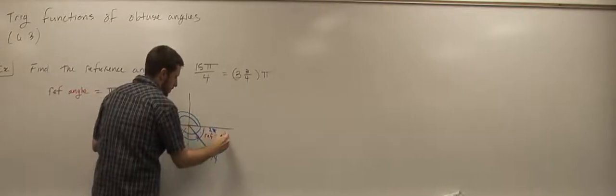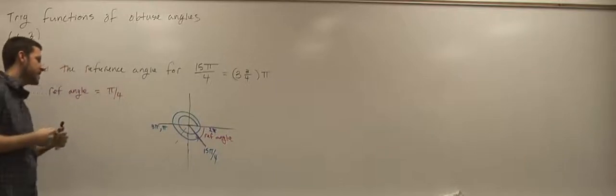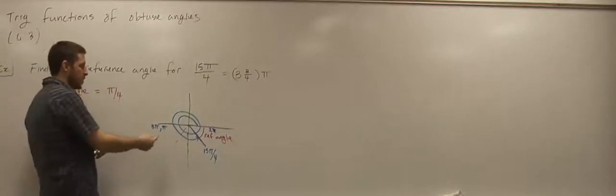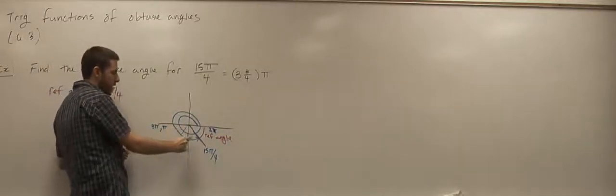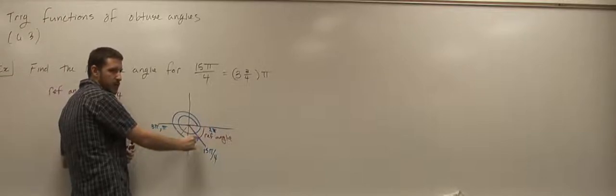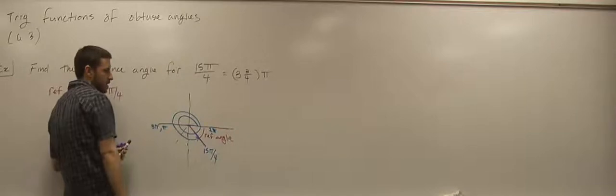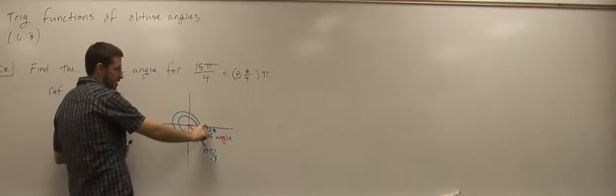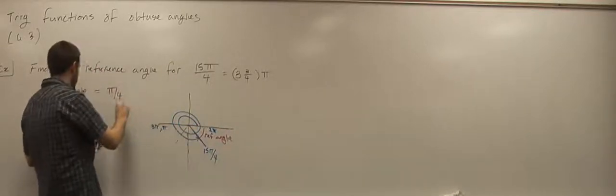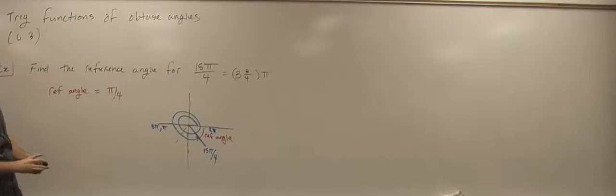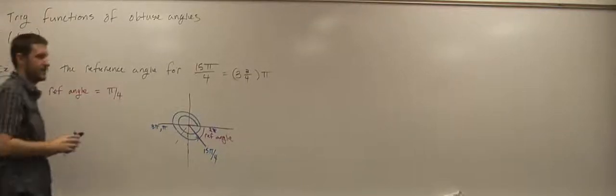And now you can see that it's pi over 4 because we went 1 pi over 4, 2 pi over 4, 3 pi over 4, so we only have one more quarter left before we get back to the axis. So from the drawing, it's clear that there's a quarter pi right here. That's why my reference angle is pi over 4. All right. Questions about that?